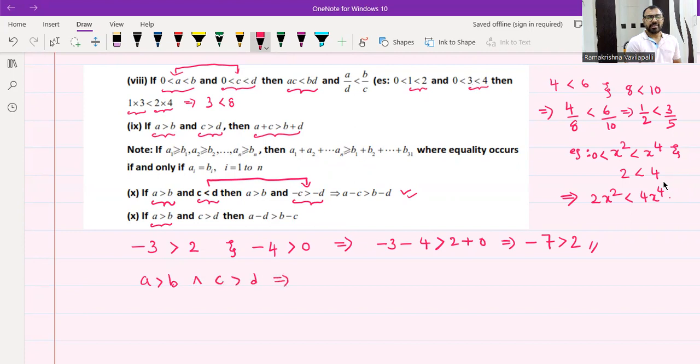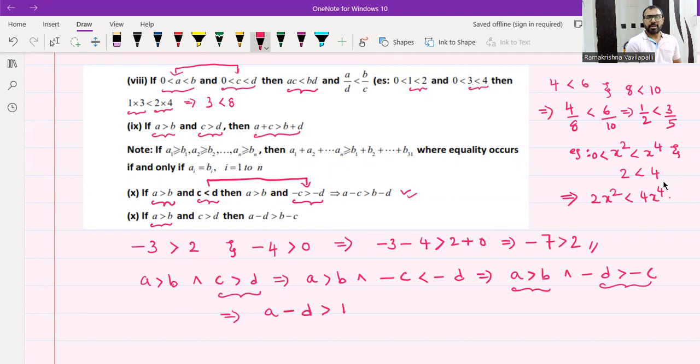So this implies A is greater than B and you multiply by -1, then you will get minus C is less than minus D. So this implies A is greater than B and minus D is greater than minus C. Now see, you can add these two directly. We will get that A minus D greater than B minus C.